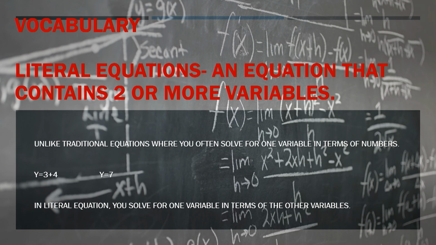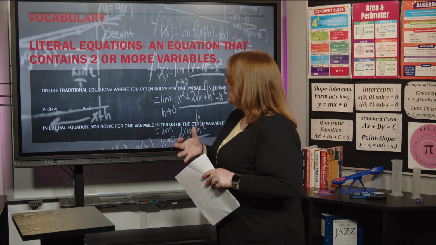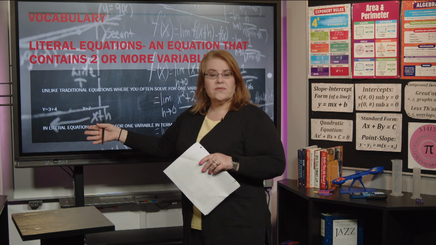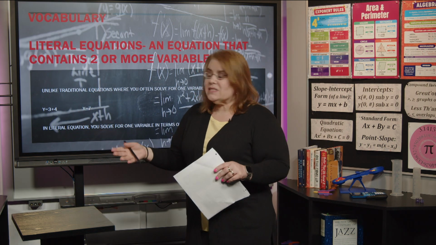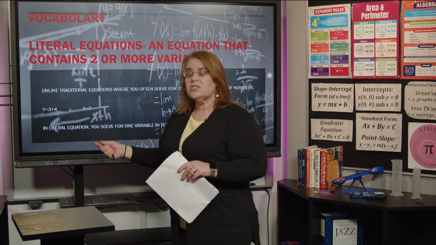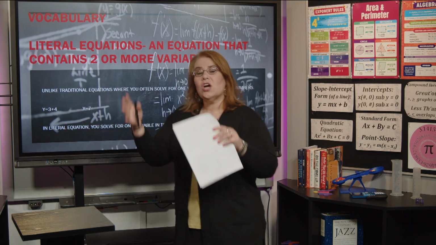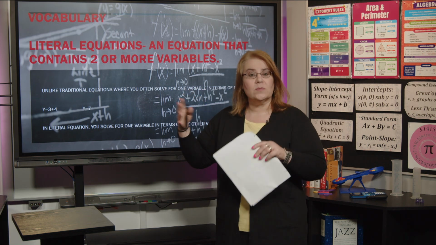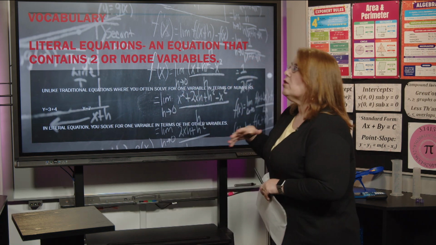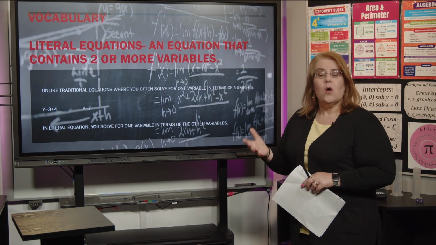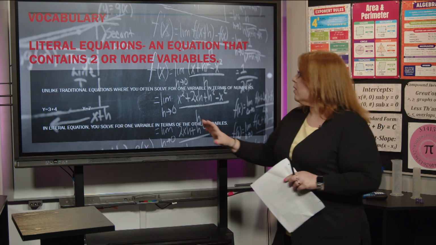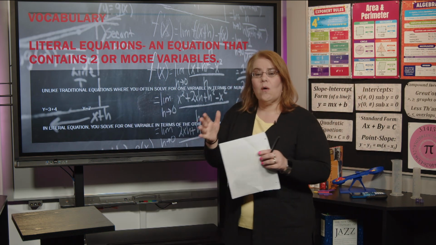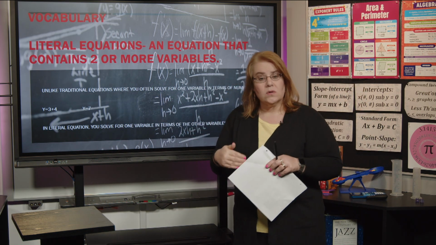Now, when I'm talking about traditional equations, y equals 3 plus 4, we know 3 plus 4 is 7, so y would equal 7. So I have y in terms of the numbers. When we're looking at literal equations, we're going to have more variables in what it equals. So let's look.